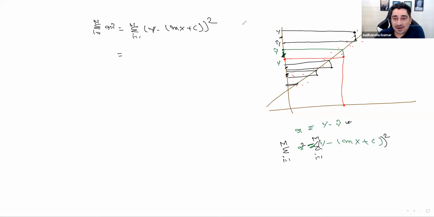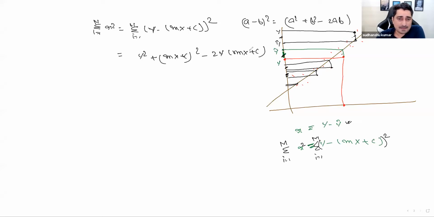So can I say that we are all aware of the formula: (a minus b) squared is nothing but a squared plus b squared minus 2ab? We all are aware of it. So y squared plus (mx plus c) squared minus 2y(mx plus c). Is it correct for everyone?